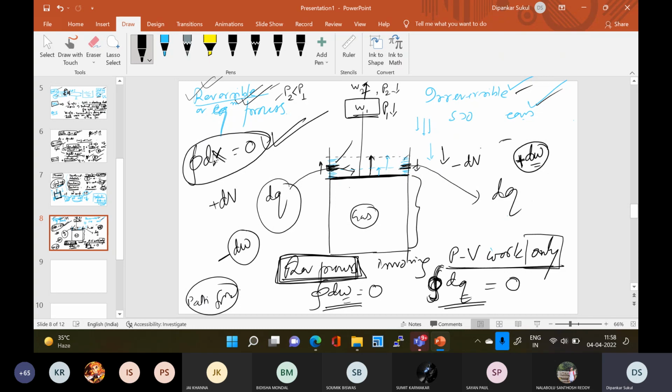If x is a state function, this is applicable both for a reversible as well as an irreversible process. But if it is a reversible process involving pressure volume work only, then the same type of relation is applicable for a path function also. Obviously, for an irreversible process, this is not applicable.